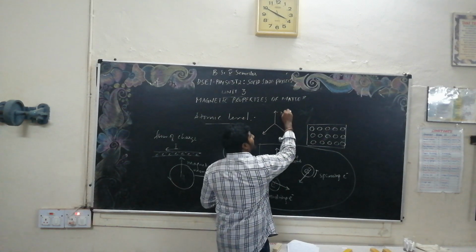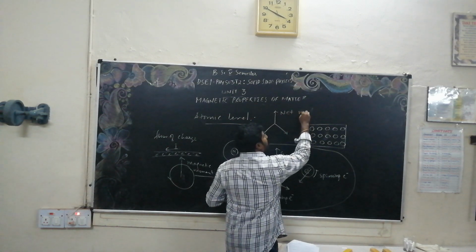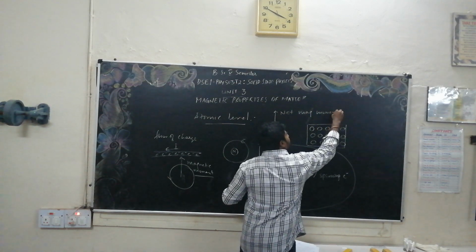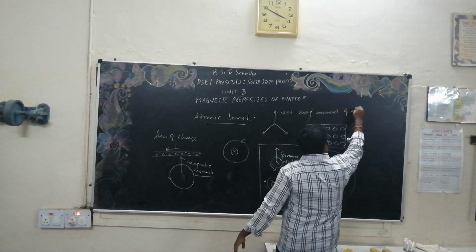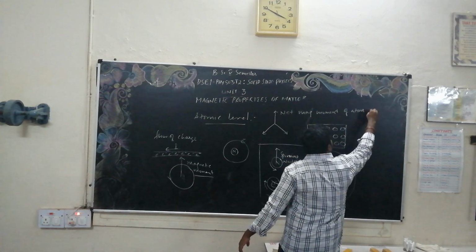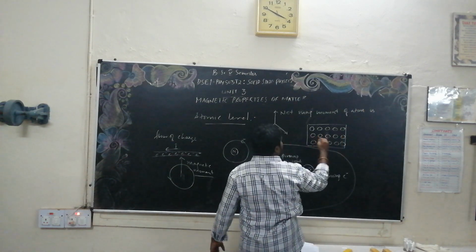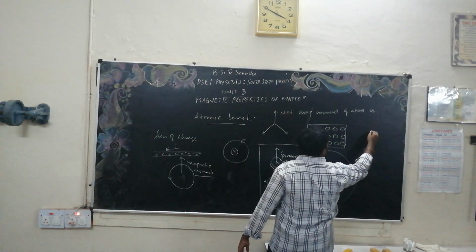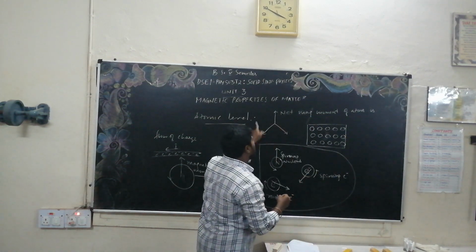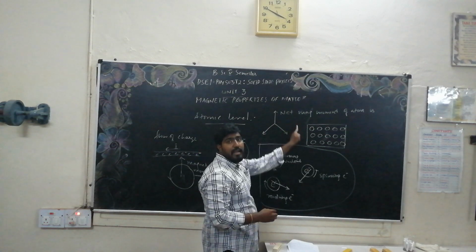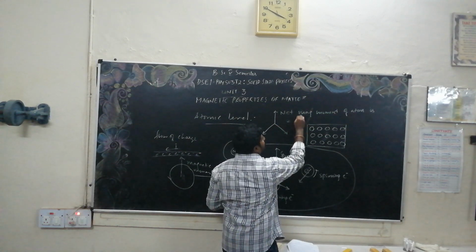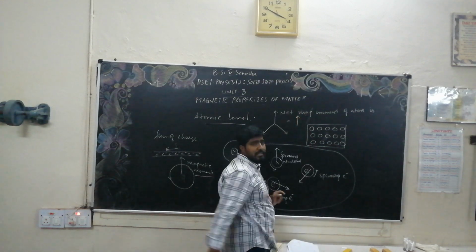Therefore, the net magnetic moment of the atom is this. The net magnetic moment is the resultant of these dipole magnetic moments.